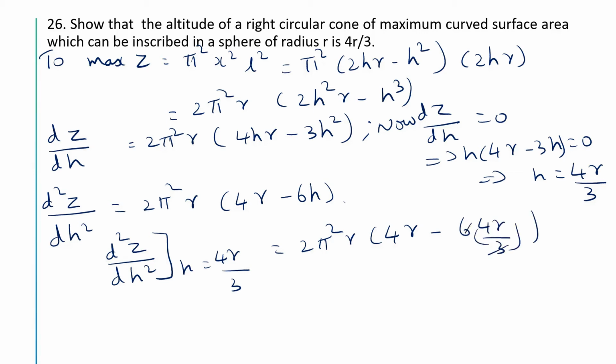So it will be 4r minus 8r. It is minus 4r, which is less than 0. Therefore, h is equal to 4r by 3 is a point of local maximum.